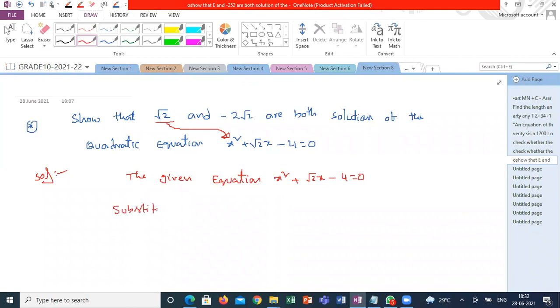Substituting x is equal to root 2 in the LHS, left hand side, of the given equation.